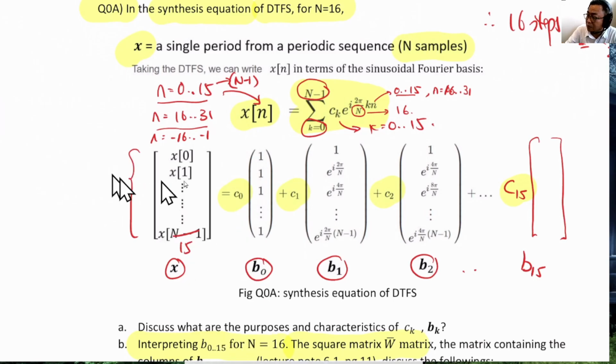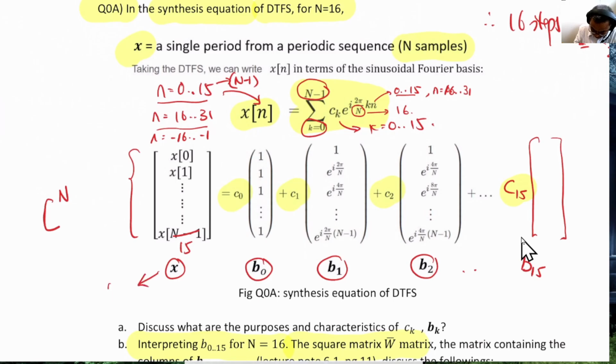When we view the DTFS synthesis equation like this, then this brings us to visualization of the Fourier transform from the linear algebra perspective. And it is actually very rewarding to view the Fourier transform as such. Then these column vectors are the basis for the space C^N.